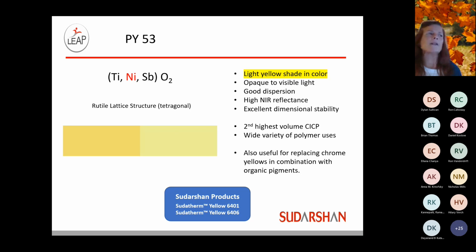And when it was important in the US to do so, this color index was a very useful product for replacing chrome yellows in combination with other organic pigments. But for the most part, I think most of the conversion from chrome yellows has already been completed. For Sudarshan, we plan to introduce 2 products in this space. And those are expected in November for introduction.